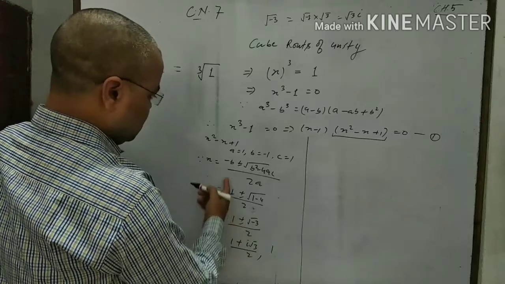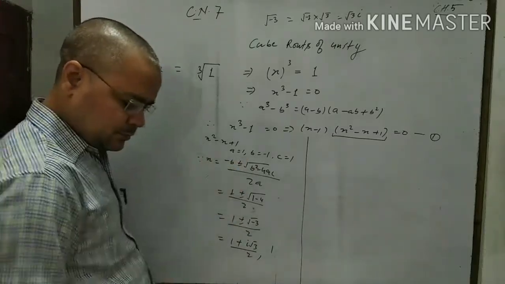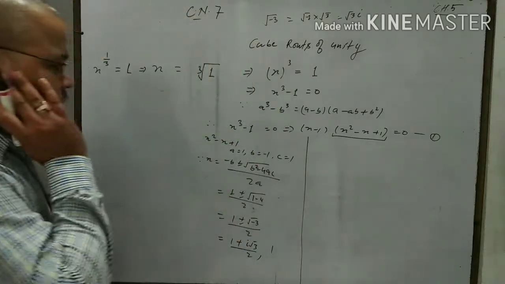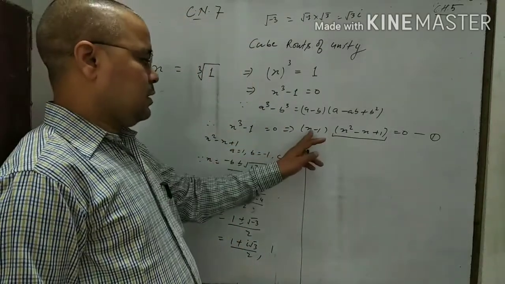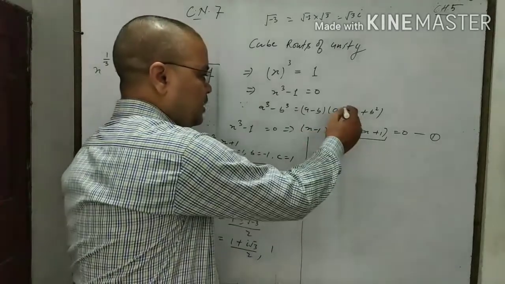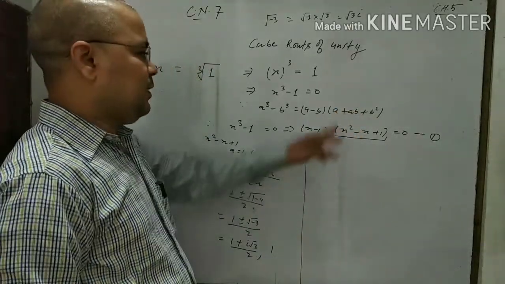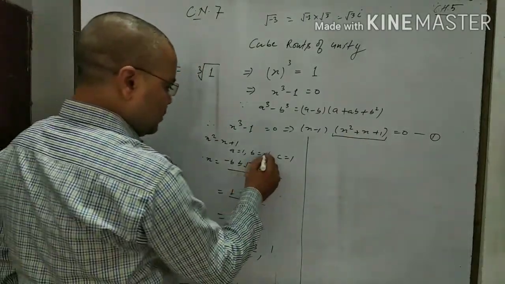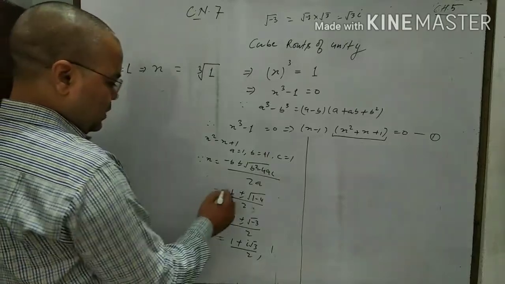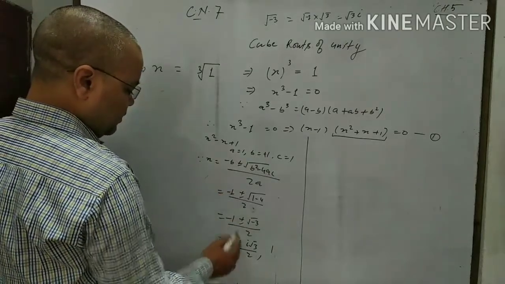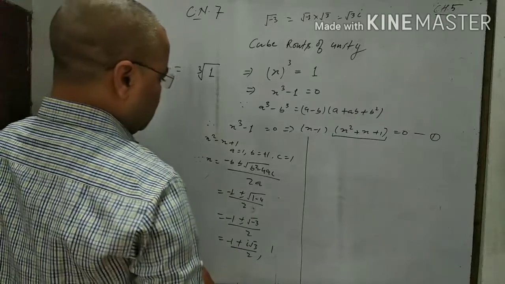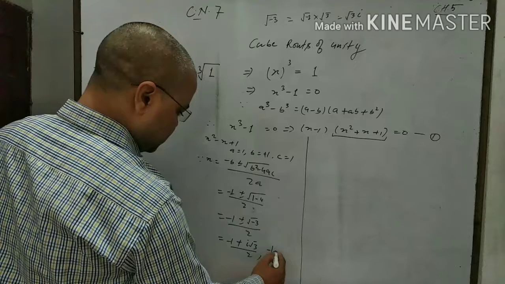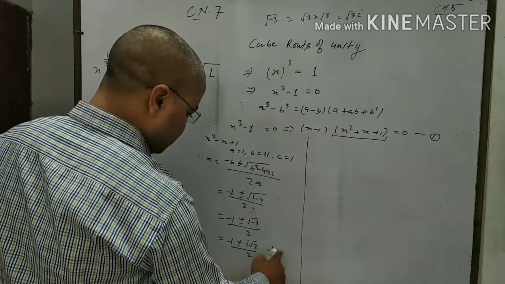Minus b, wait one minute. The value of b is plus, then it will be minus b. Correct. Okay, the formula will be same, and it will be minus 1 minus i root 3 by 2.